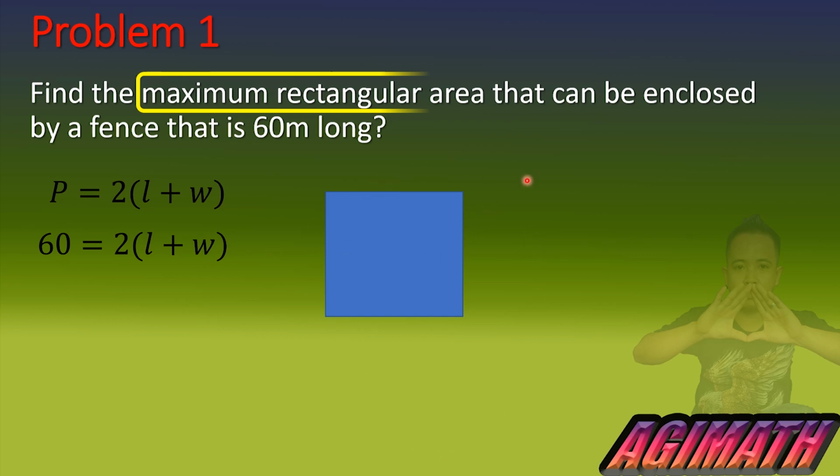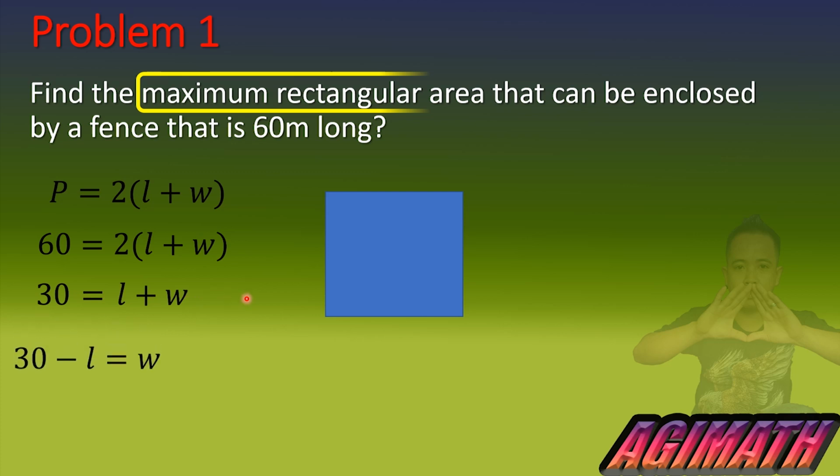That's why we need to represent it using all the available givens. In this case, what is given is the perimeter, and since we are going to solve for L or for W, and since we have 2 on this side, we need to divide both sides by 2. That becomes 30, because 60 divided by 2 is 30, and on this side the 2 is eliminated, so we only have L plus W.